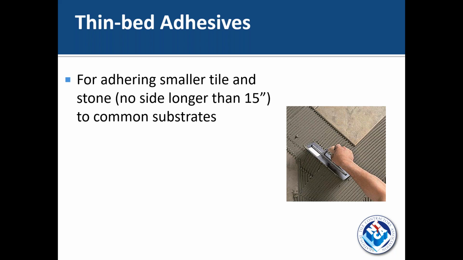And as I said, they are primarily older products, because of the increase in tile sizes over the last several years, we've seen more and more demand for large and heavy tile mortars. So most of the products that are thin bed only were developed prior to that time.